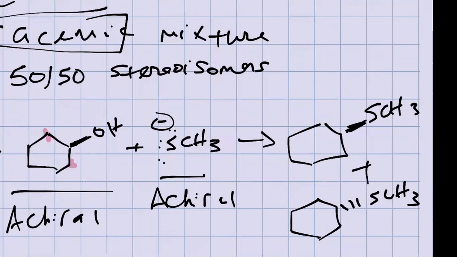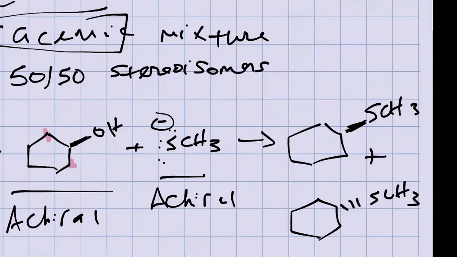There's no point of difference. If you keep going around the ring, you're not going to ever reach a point of difference for those two carbons that are highlighted. And remember, one of the criteria for chirality is that your chiral atom had to be bonded to 4 different substituents. Is that right? Yes.